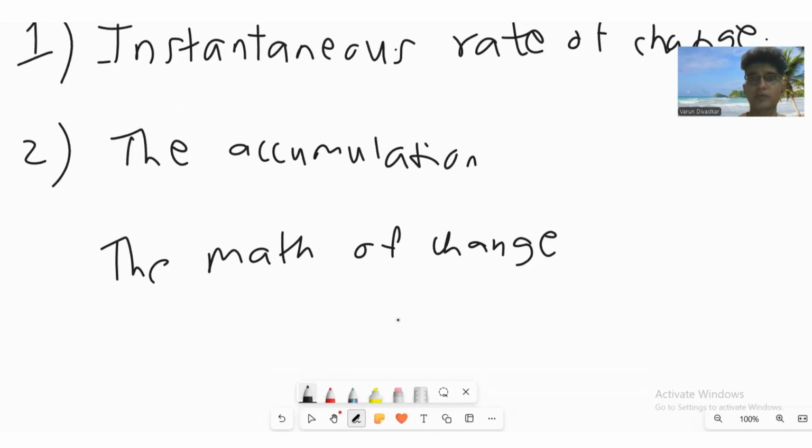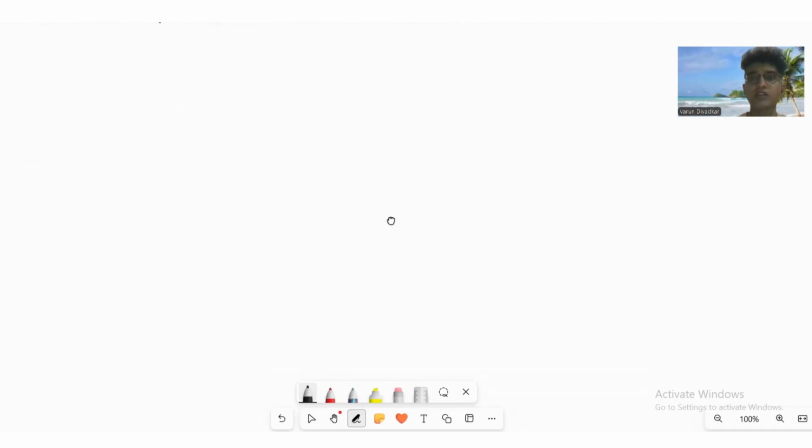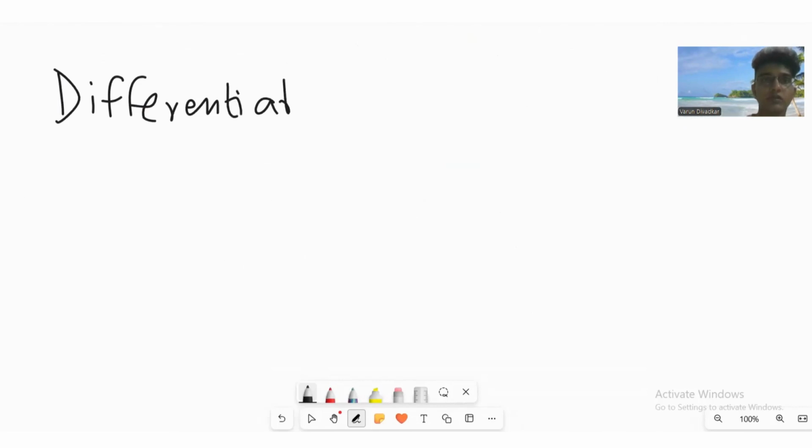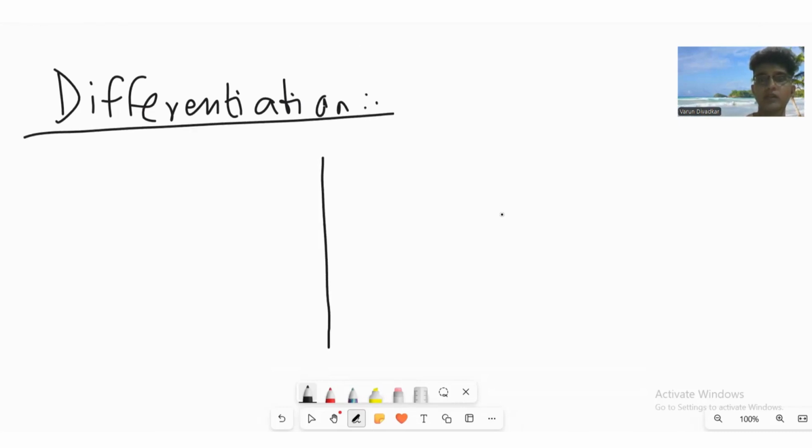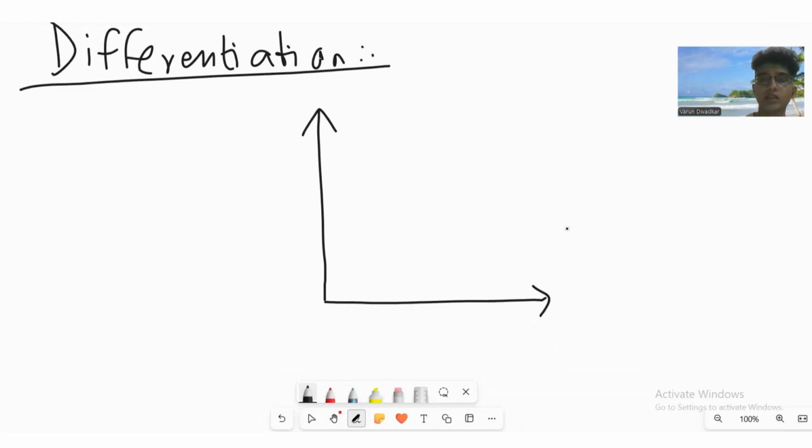Let's look at the first problem, the instantaneous rate of change. In other words, it's called differentiation. Let's try to understand what this is all about. Let's say we have a plot that looks like this, which is basically the time t versus the distance s covered by a car.